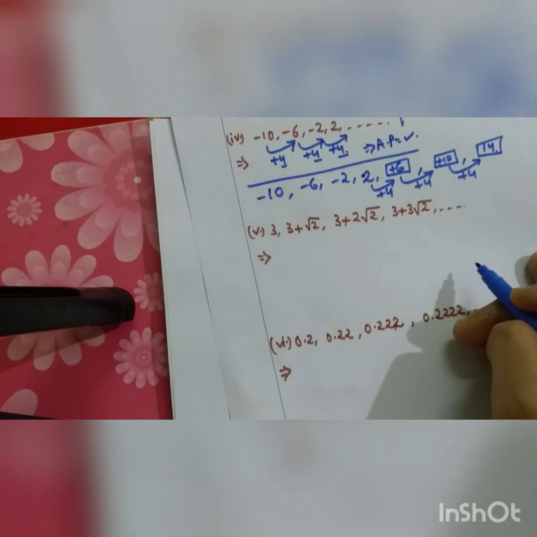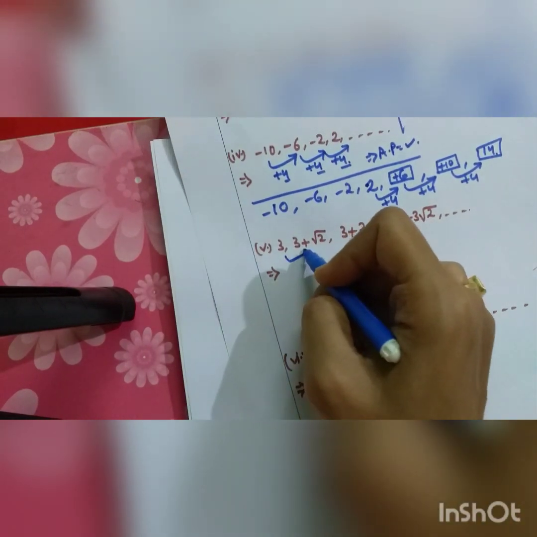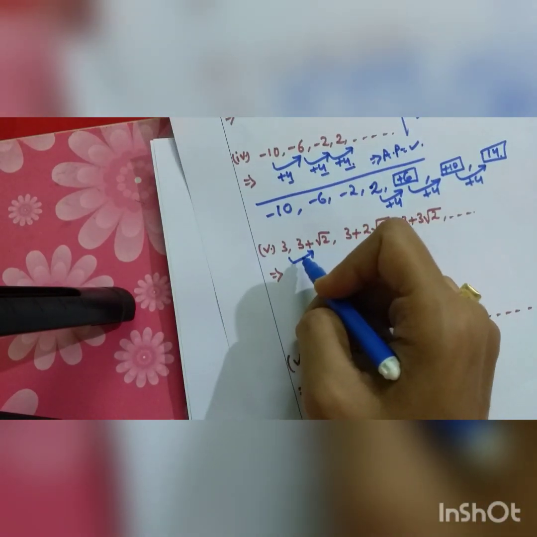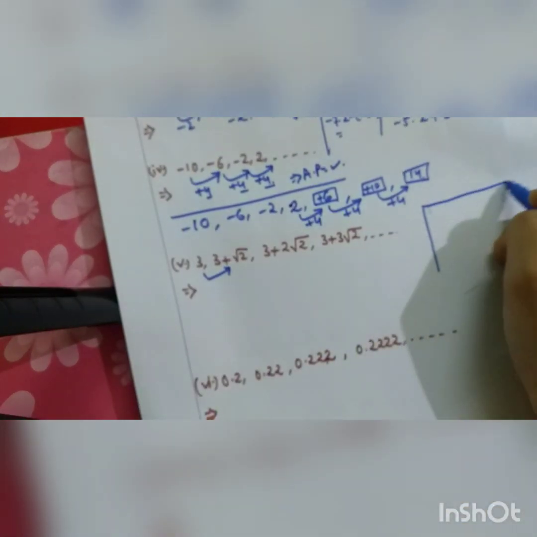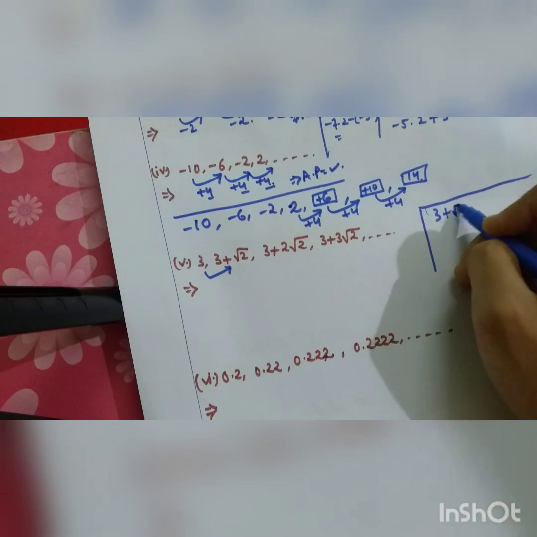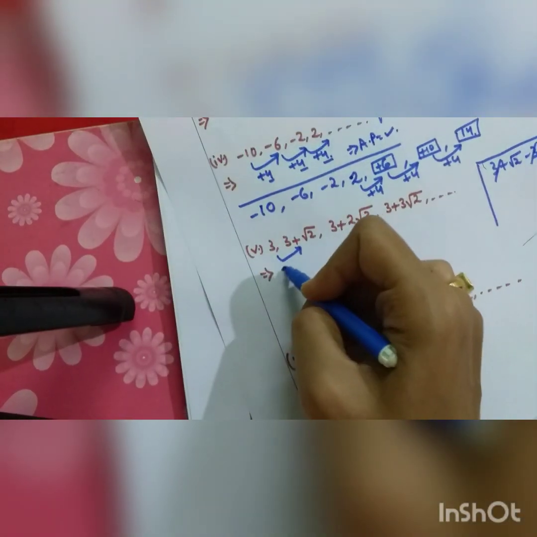Now come to question number E. Just subtract the second term from the first term. I am doing the rough work here. When you subtract 3 plus root 2 from the first term, you will get root 2.